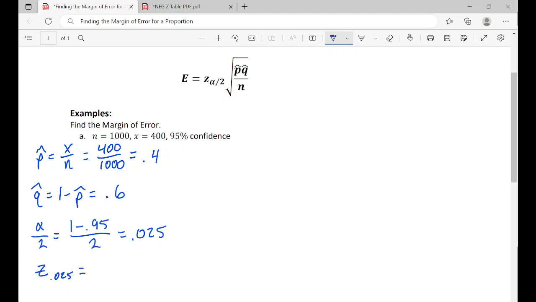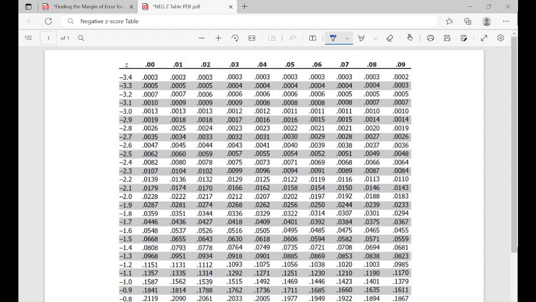So we can start off with a table. We're going to go into our z-score table and look for the closest value to 0.025. 0.025 is going to be right here. So negative 1.96, but we don't care about it being negative, we just want the value.